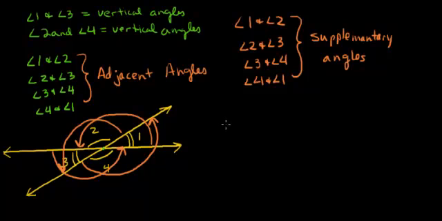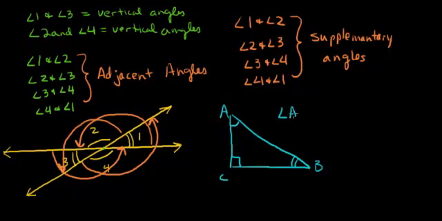The other type of angles that we're going to talk about here, we have to draw a new figure for. And let's draw this here. And this is a right triangle. We're going to label the angles A, B, and C. Angle A and angle B are not equal, but we can say that they are a special type of pair of angles.